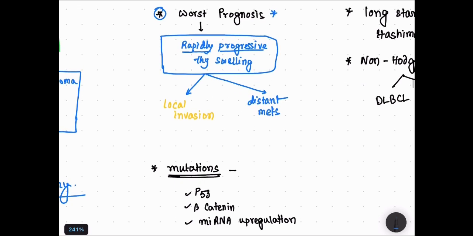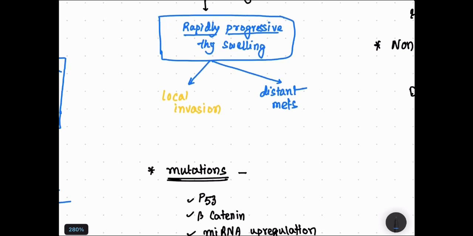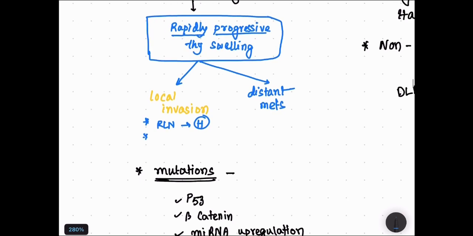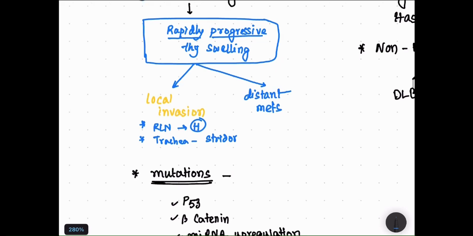So the local invasion is very high, and the local invasion can cause many symptoms before the metastasis actually happens. Local invasion of the recurrent laryngeal nerve can cause hoarseness of voice. If it presses over the trachea, that can lead to stridor, even dyspnea.